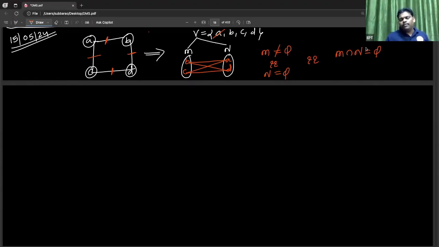And one more interesting thing is M union N should be equal to V. One vertex also cannot be missed. Every vertex should be covered. Every vertex should be either in M or N, but one vertex cannot be in both groups.